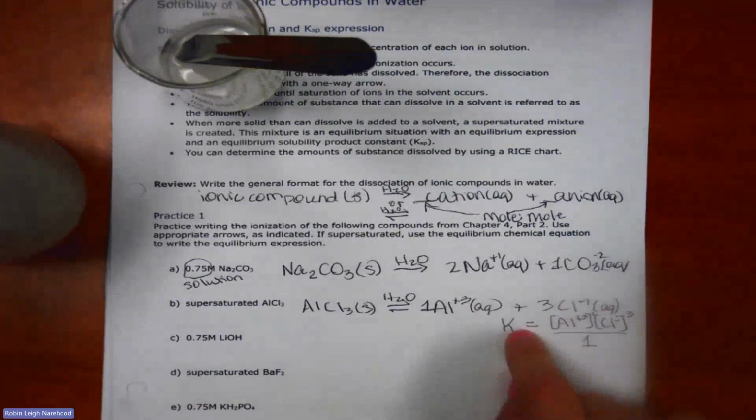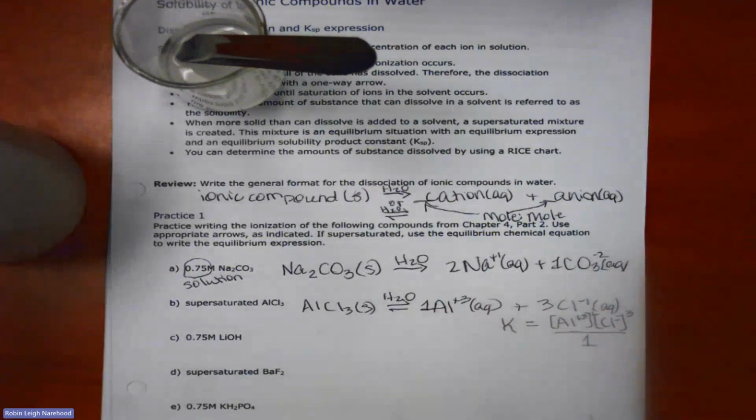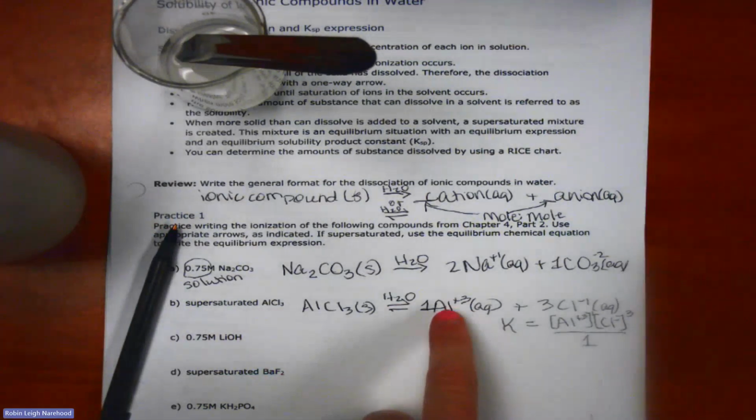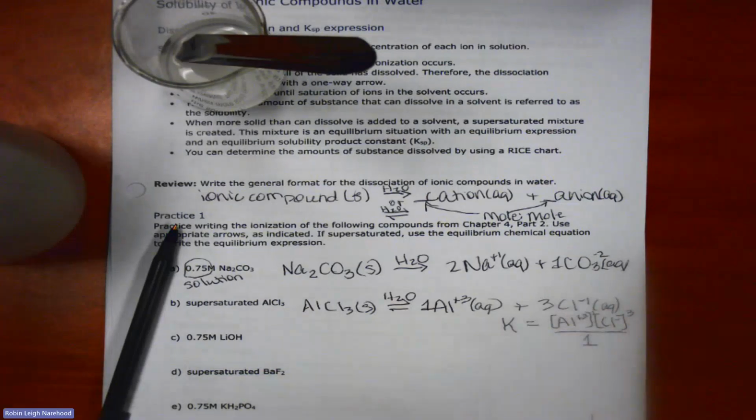Okay. The K is a specific kind of concentration constant. So it's a specific kind of K sub C. K sub C is concentration, molarity. Okay. This is based on the solubility. So every single one of these is going to be a solubility related constant.